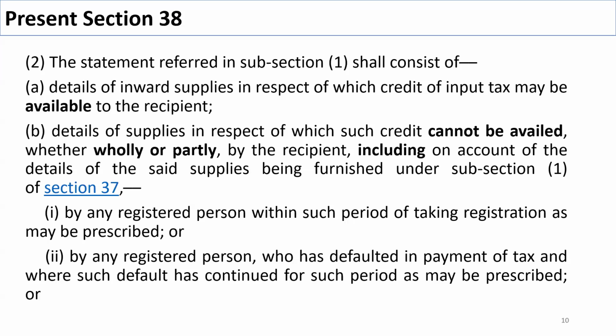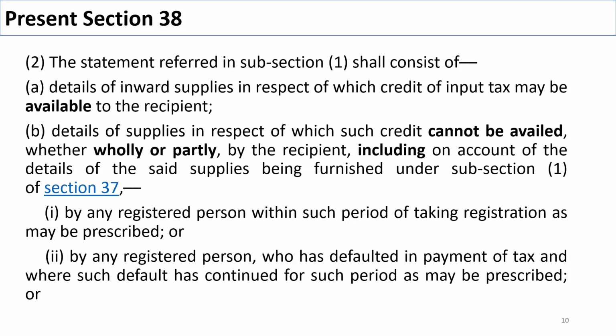And also, if we see, section 38 subsection 2 clause B has certain other restrictions under which the ITC is not eligible to the recipient. These restrictions have been made part of section 38, but are not yet effective because the respective rules have not been framed. Every condition, if we read it, clearly states that there should be some prescription given in a notification or by way of adding a rule or condition in the CGST rules.